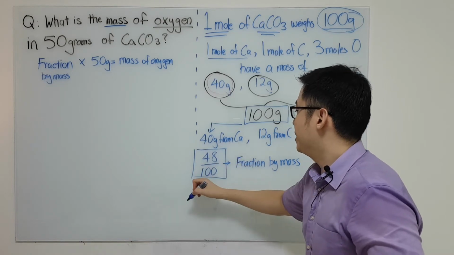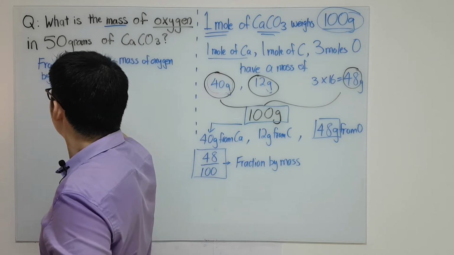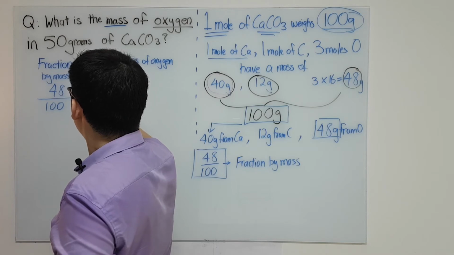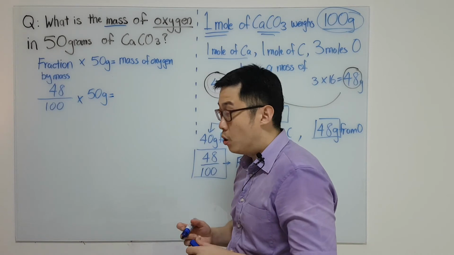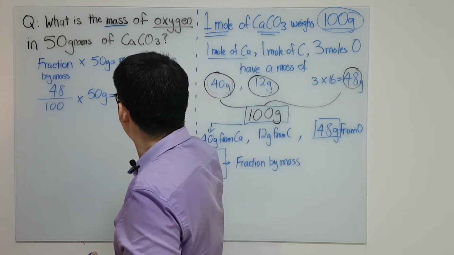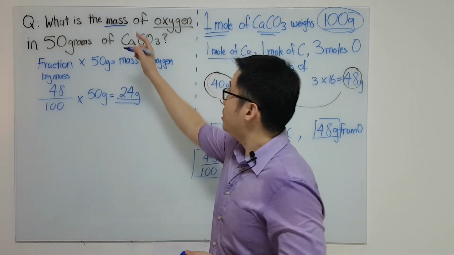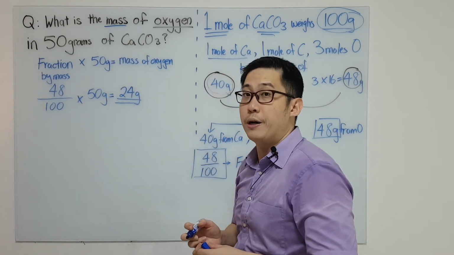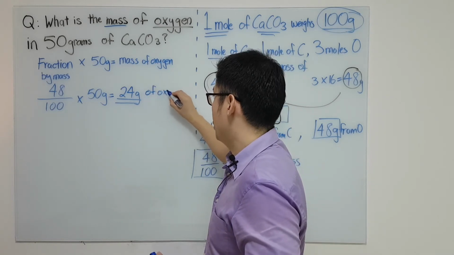If I put it here, 48 over 100 times 50 grams, I would get 24 grams, which means my answer is that in 50 grams of CaCO3, calcium carbonate, I have 24 grams of oxygen.